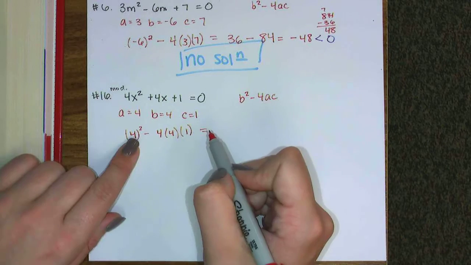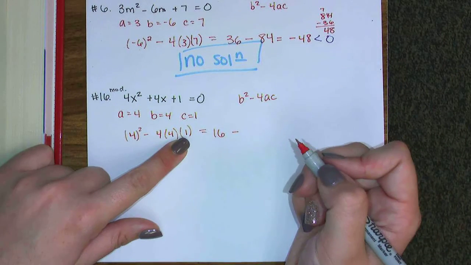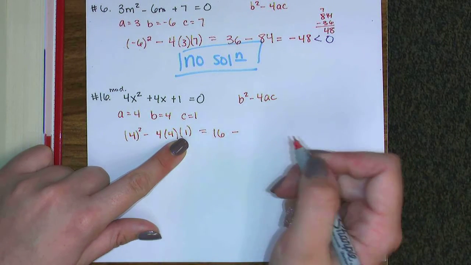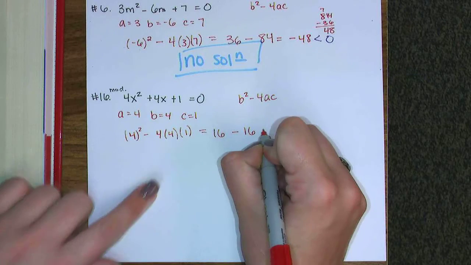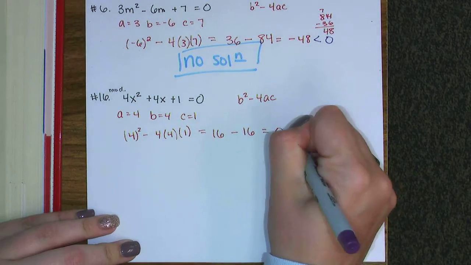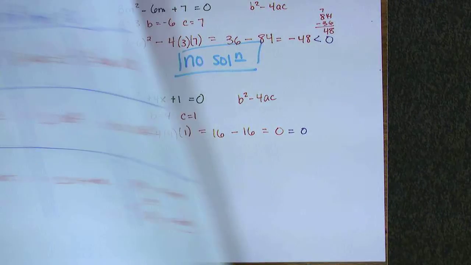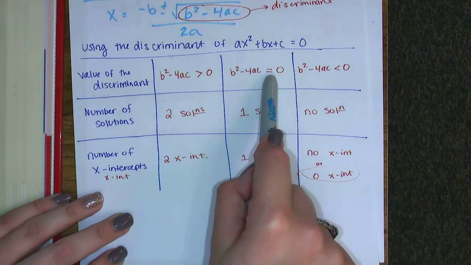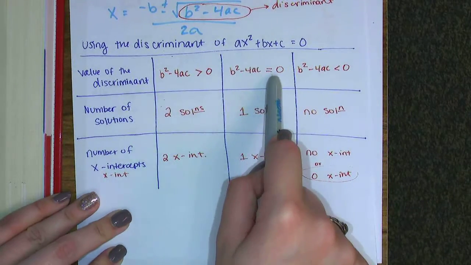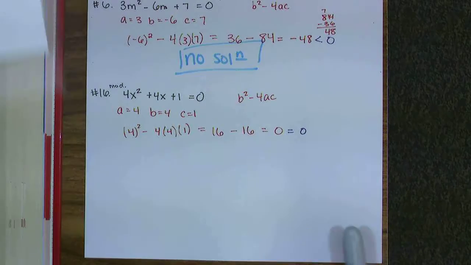Well, 4 squared is 16, minus 4 times 4 is 16, times 1 is still 16. That's going to be equal to 0. 16 minus 16 is 0. So now, what happens when it's equal to 0? Back to the table, greater than, equal to, less than 0. In this case, it's equal to 0. Drop down to number of solutions, 1 solution.